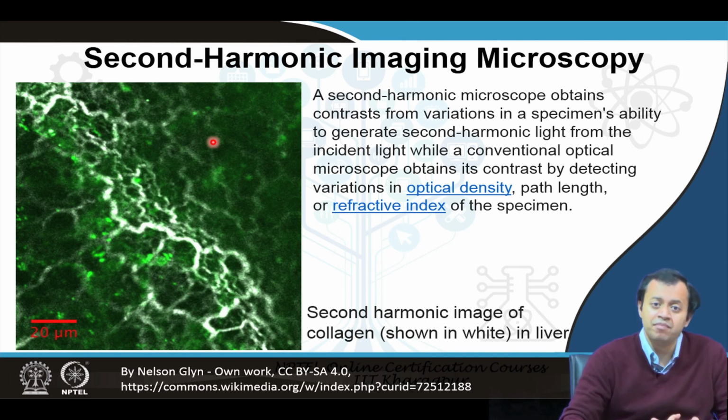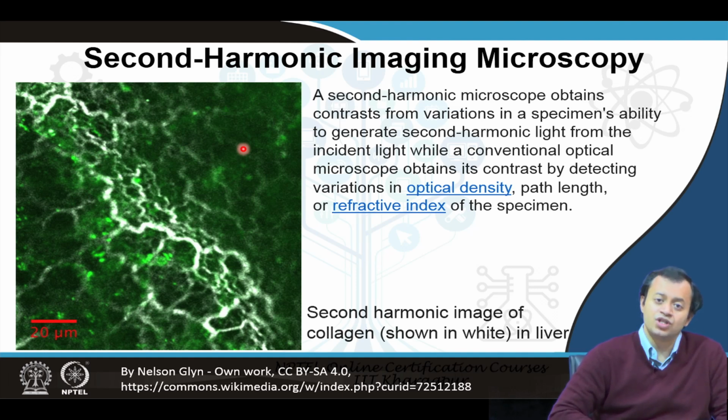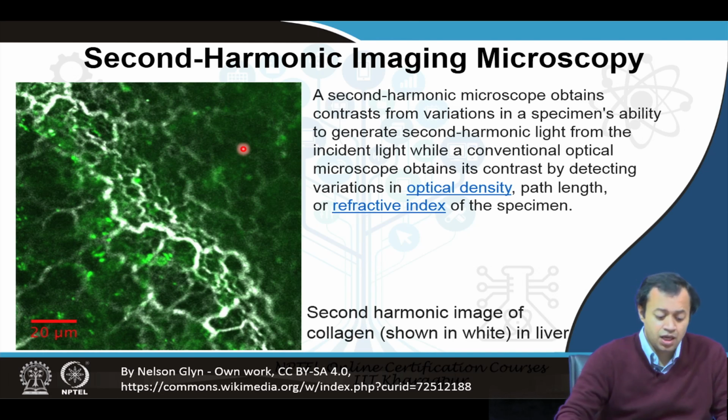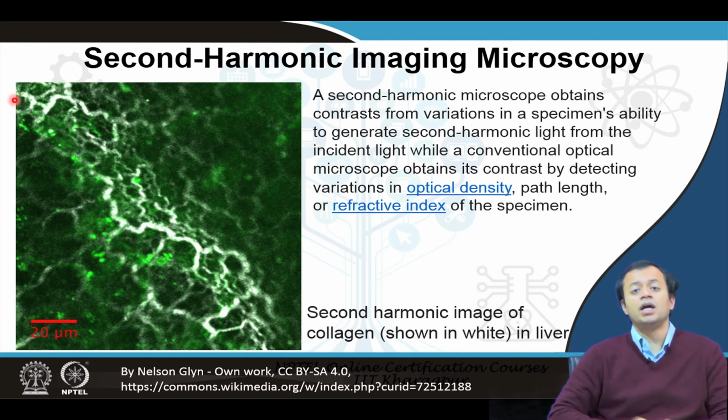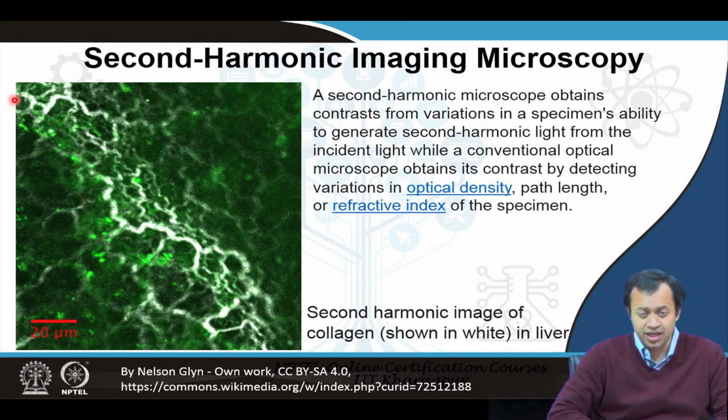They will not emit photons of double the frequency when they are subjected to single photon frequencies. They will behave normally. You can therefore identify and locate how the collagen is distributed, and if you can locate how the collagen is distributed, you can make some inference, make some analysis.